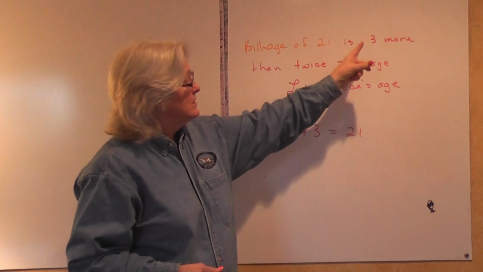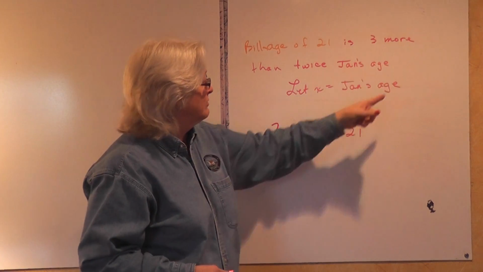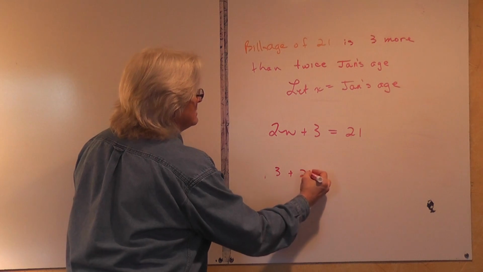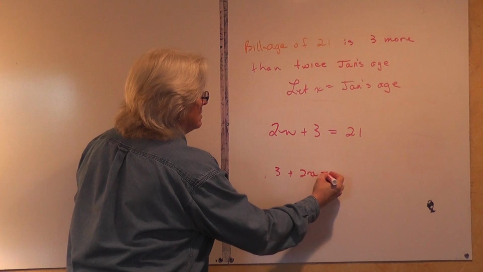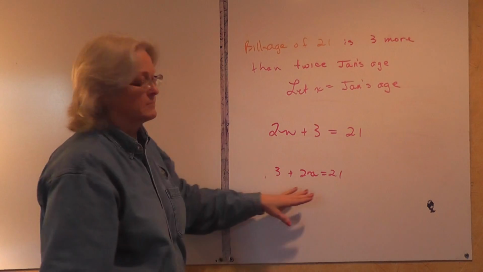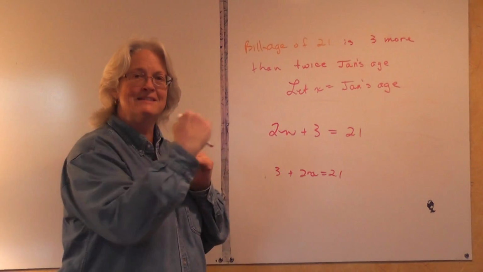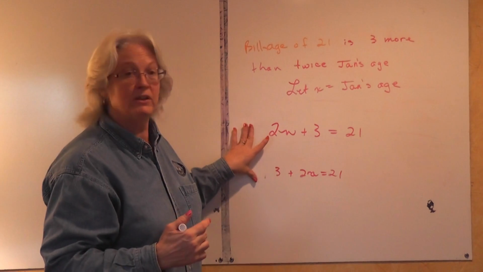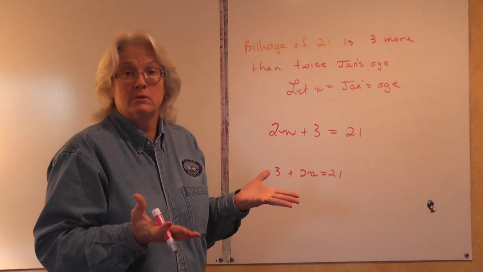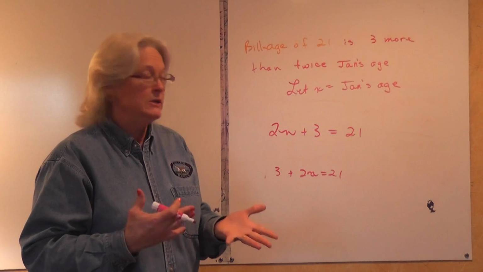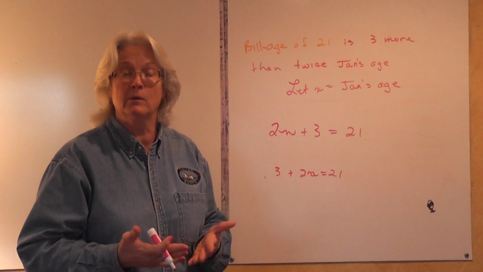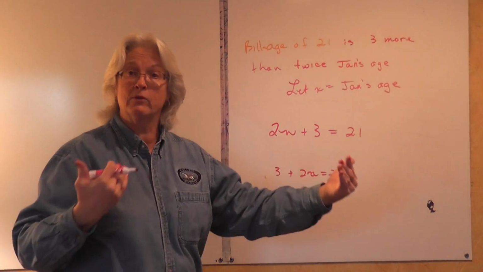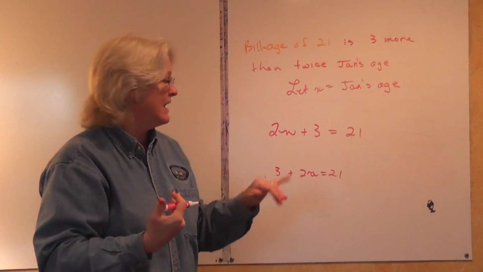But if you look at this, you might be tempted to say 3 more than twice Jan's age is equal to 21, because you're reading it exactly in the order in which it's given. Now with addition, is that answer truly the same? Yes, it is. It has the same value because addition is commutative. It's the same answer no matter which order you have those addends in.